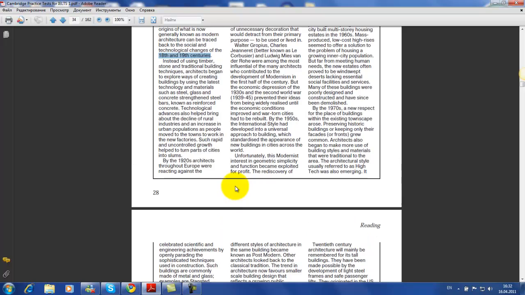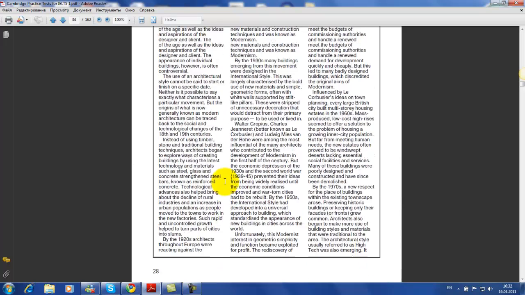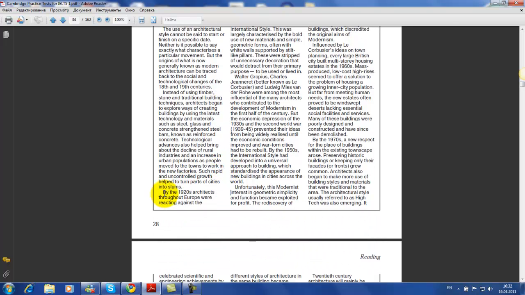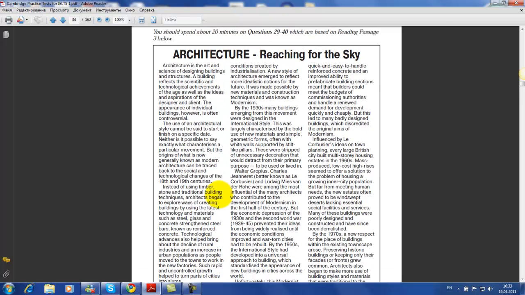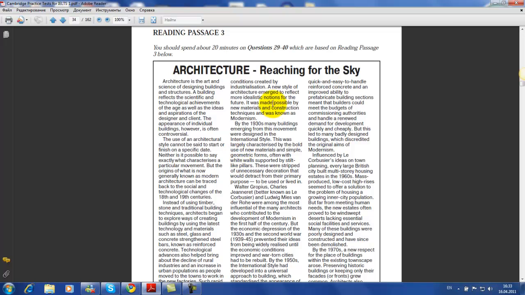So we come back to the text and we look for 1920s. So we can find it here at the end of the first column. And we are looking for the name of the style. So we read this paragraph. By the 1920s, architects throughout Europe were reacting against the conditions created by industrialization.